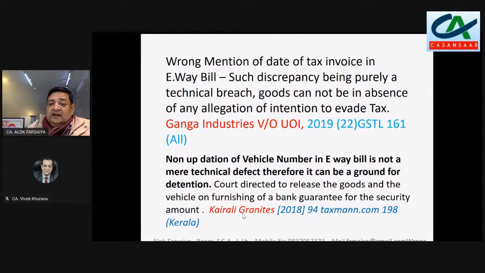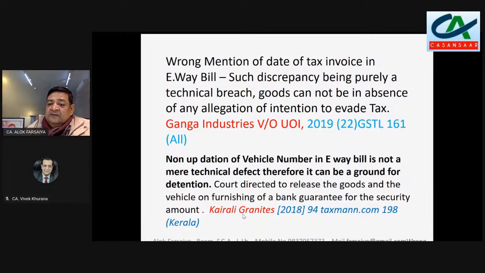As I told, while generating the e-way bill, we commit a very common error: mentioning the date of invoice on the e-way bill, because the system picks that date when the e-way bill is being generated. For that also there is no circular, but there is the case of Ganga Industries, which is again an Allahabad High Court judgment.